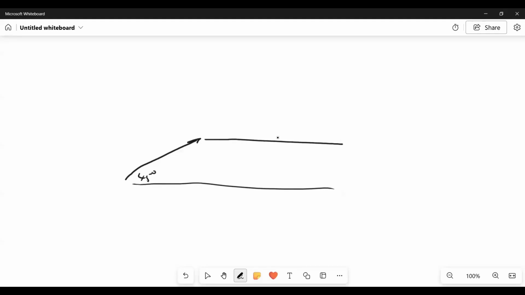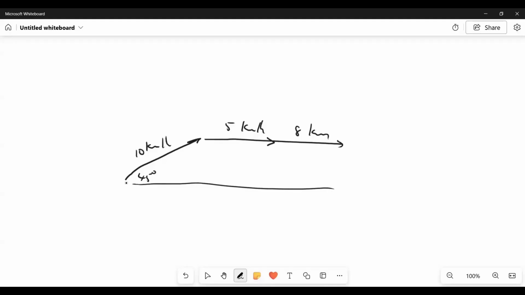So we're going to model the problem. You have a vector going this way at 45 degrees, and you have two vectors. This one is 10 km per hour. This one is 5 km per hour. And this one here is 8 km per hour, right?